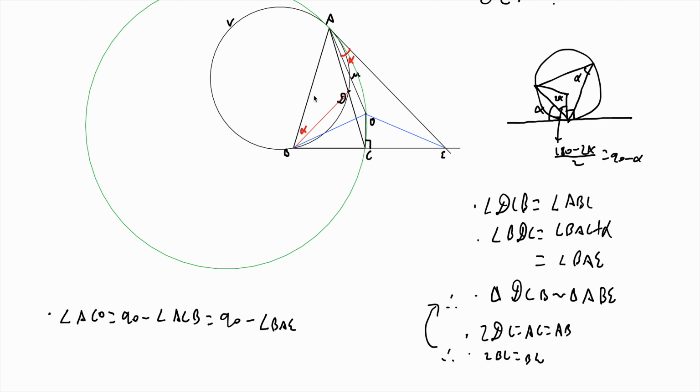What is 90 minus BAE now? 90 minus BAE is equal to this angle.